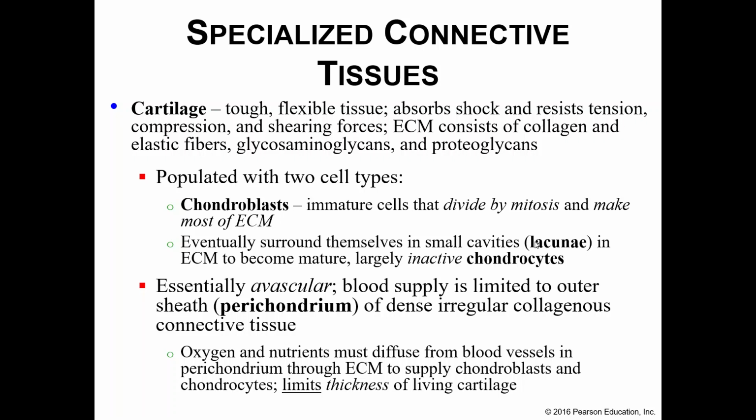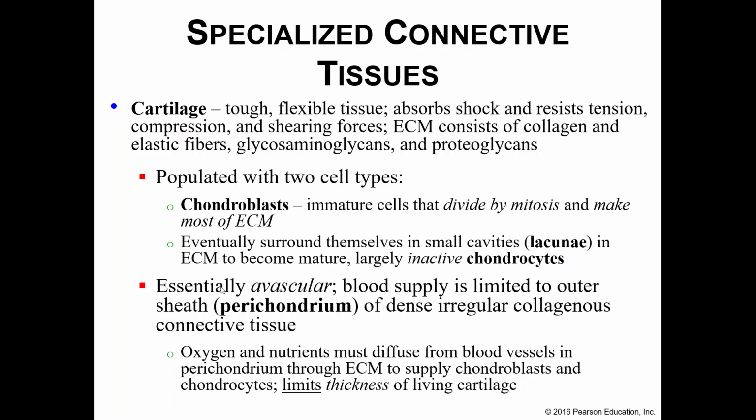These are the little houses that the mature chondroblasts live in, and once they mature, we don't call them blasts anymore. Now we call them chondrocytes. Okay. Once they mature into chondrocytes and they live in their little houses, their little lacuna, they become inactive and they just kind of live in their little houses for the rest of their lives.